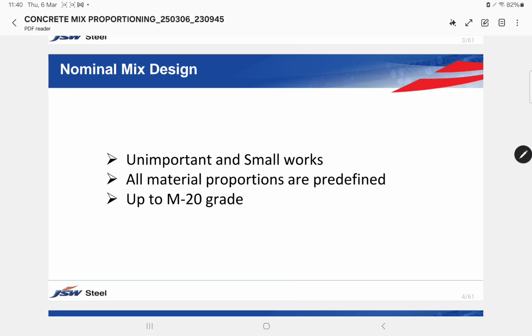If you are doing any kind of PCC work, then you can use these mixes. And in very unimportant structures or very minor works, you can use these nominal mixes. And the limitation, or I would say the maximum grade of concrete that you can design with this nominal mix, is M20 grade concrete.